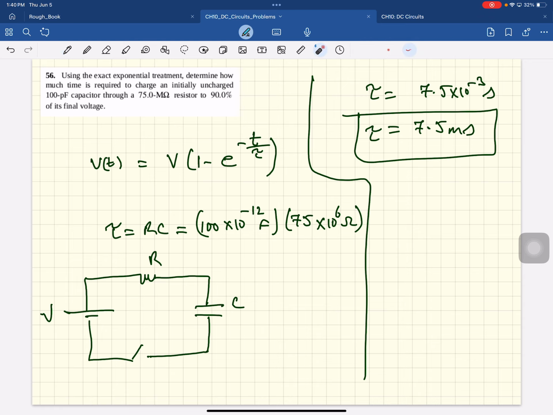So if we measure the time in milliseconds, you can just use that number.